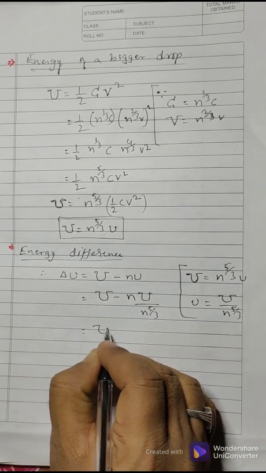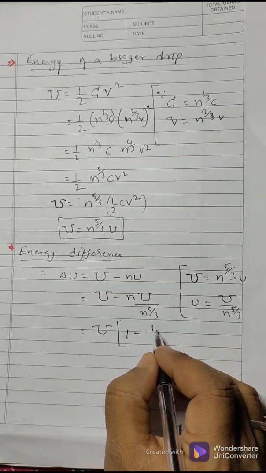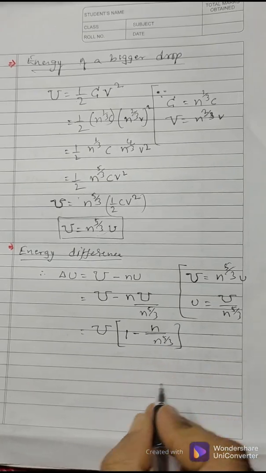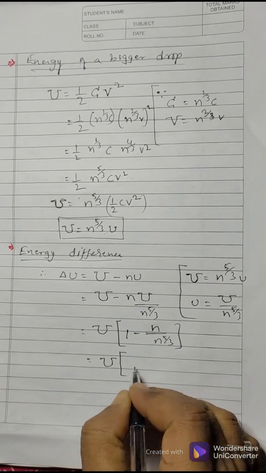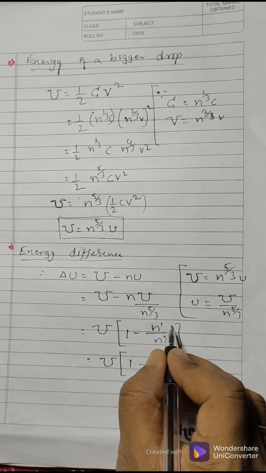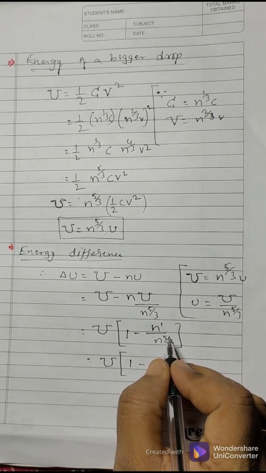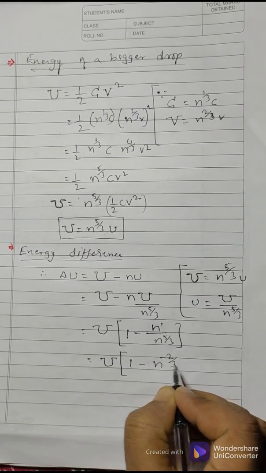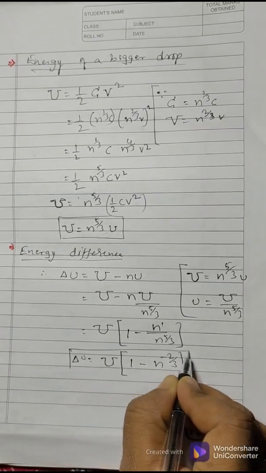If I take capital U as common, it is left with 1 minus n by n power 5 by 3. Here n is a power 1, so it will become 1 minus 5 by 3, which is minus 2 by 3. So this will become n power minus 2 by 3. So this is the answer for the energy difference.